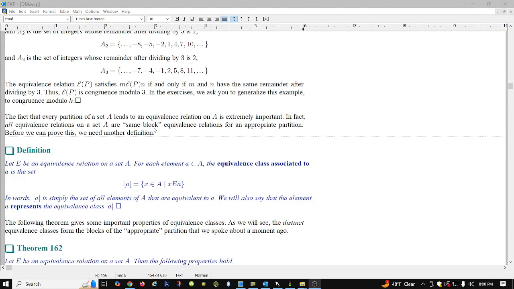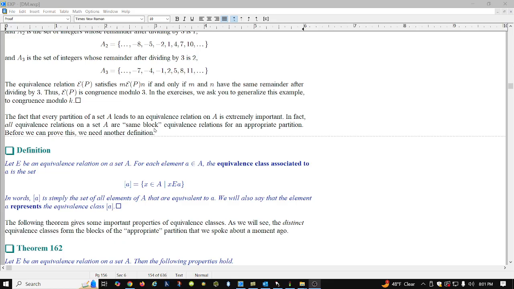The fact that every partition of a set leads to an equivalence relation is extremely important. In fact, all equivalence relations on a set A are same block equivalence relations for an appropriate partition.